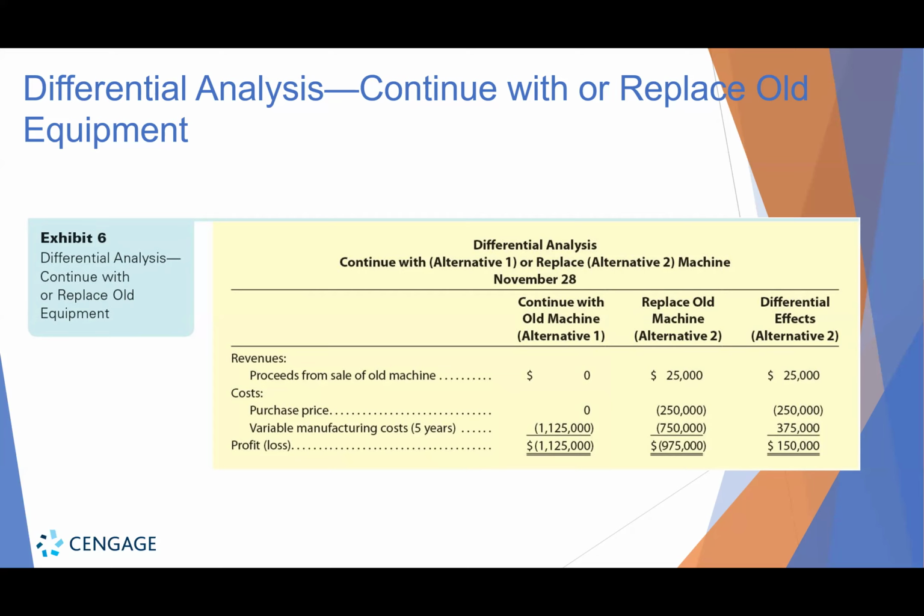We have the cost of the new machine and the variable costs. And in this case, based on what we know, it looks as though the benefit would be to purchase that new machine.